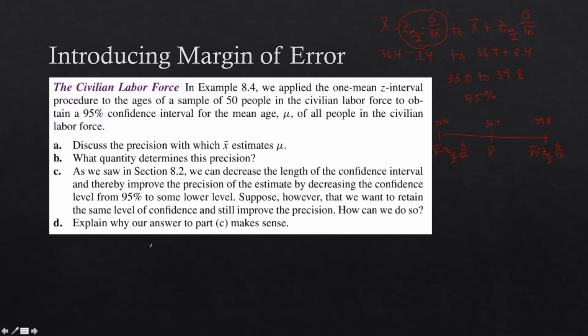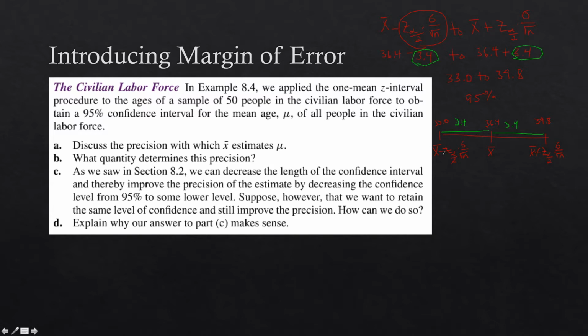Now, why is that important? What quantity determines the precision? That's the question we're asking. Well, look right here. This area right in here is 3.4. This area right in here is 3.4. We get that from here and from here.